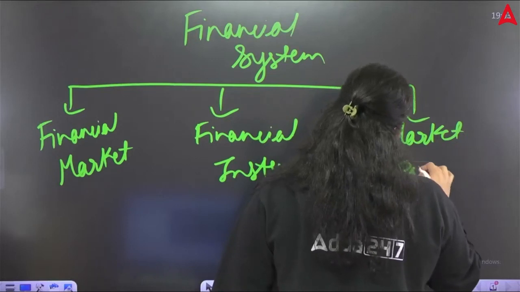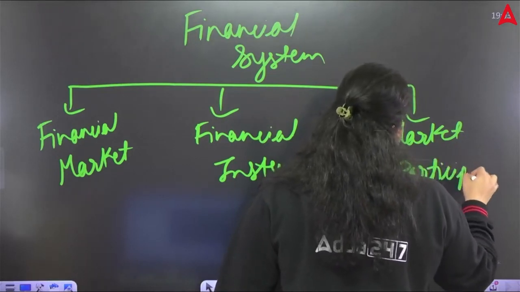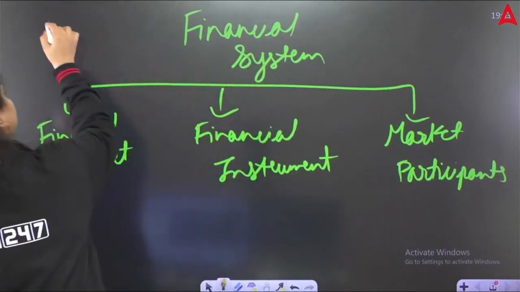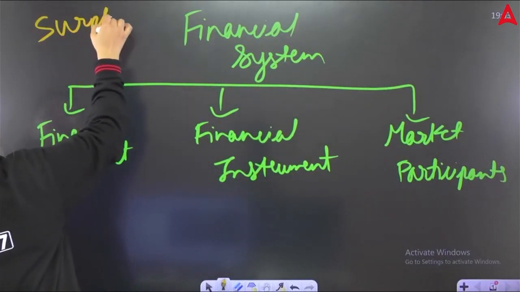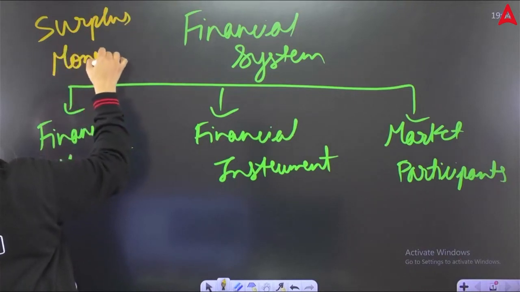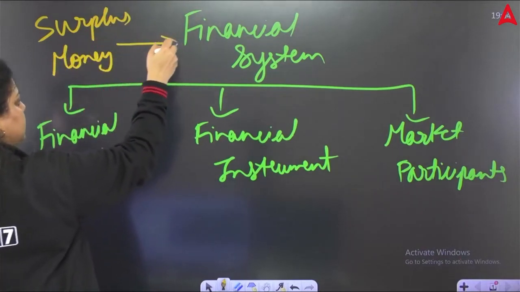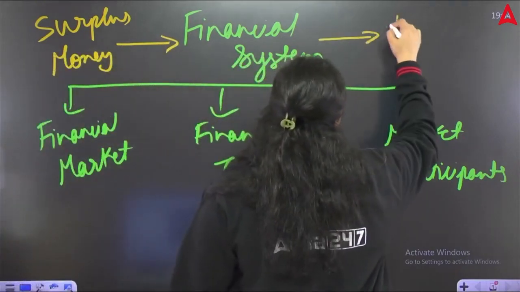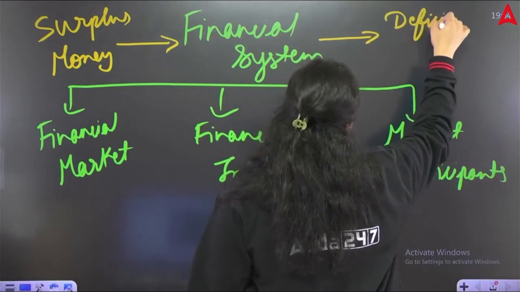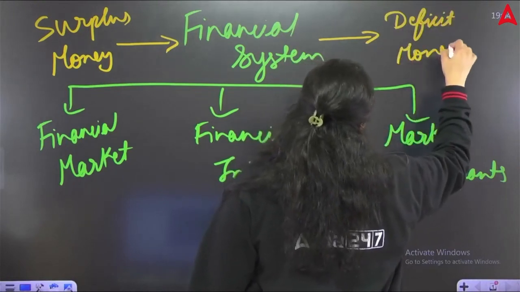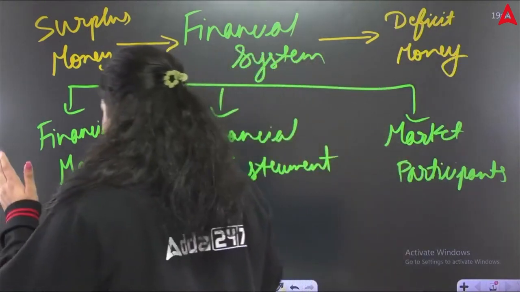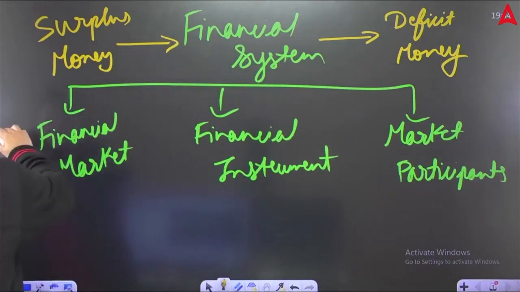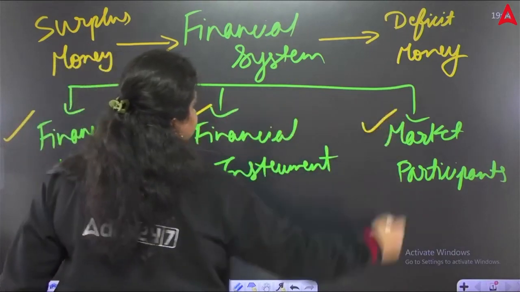On one side, you have persons who have surplus money, and they go to the financial system, which makes sure that this money reaches the persons who have a deficit of money. To complete this exchange of funds, we use the components of the financial system: financial market, financial instrument, and market participants.